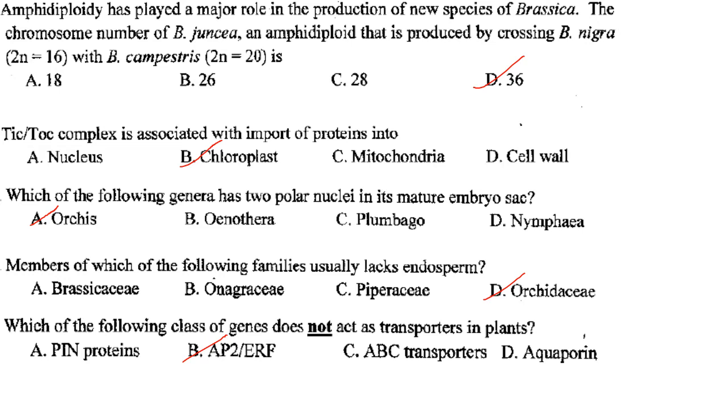Then members of which of the following families lack endosperm? So Orchidaceae, they lack endosperm. Answer is option D. Which of the following class of genes does not act as transporters in plants? So it is AP2/ERF that does not act as transporters in plants.